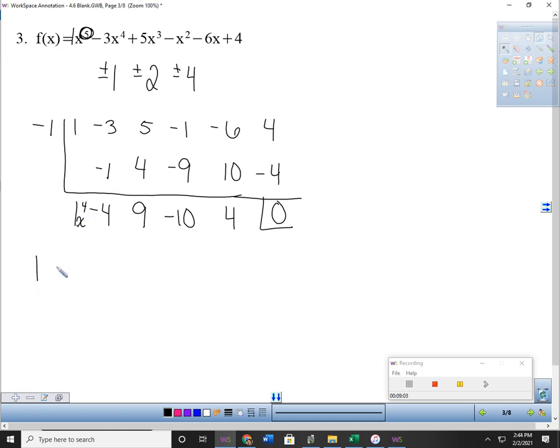And then I'm going to do it again with 1, but I'm going to do 1 twice, remember. So I'll drop down these numbers, 1, negative 4, 9, negative 10, 4.